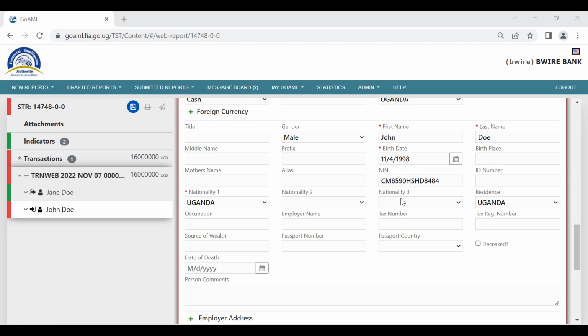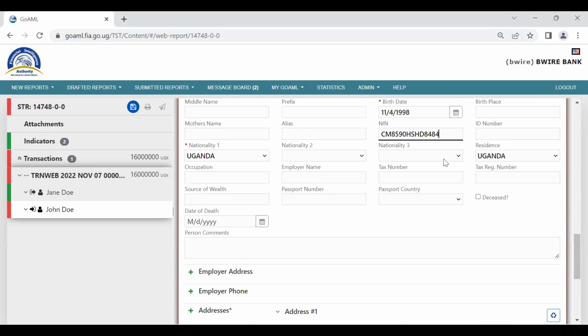Okay, so we move now. Another thing you're supposed to note, like I said, national ID is going to become quite a key requirement for transactions. Right now you're only looking at threshold transactions where you're required to report to BOU or FIA, and that is when you get someone's ID.